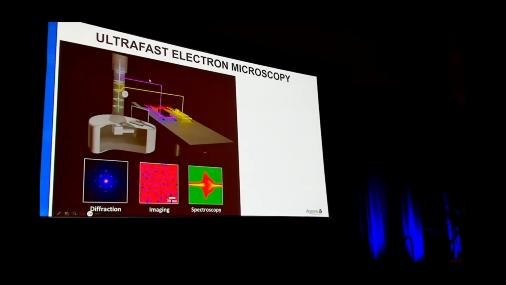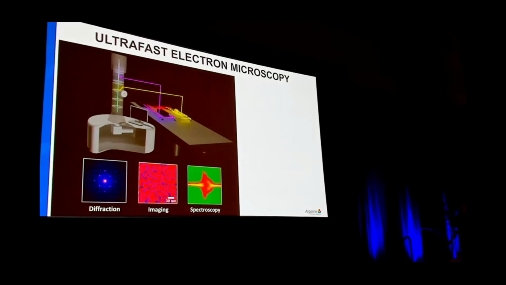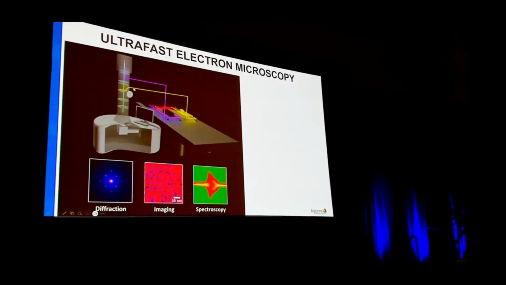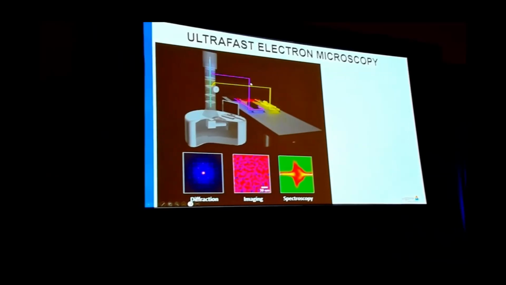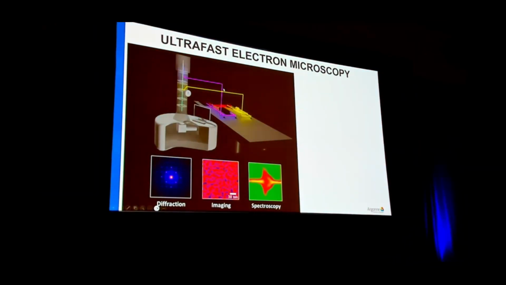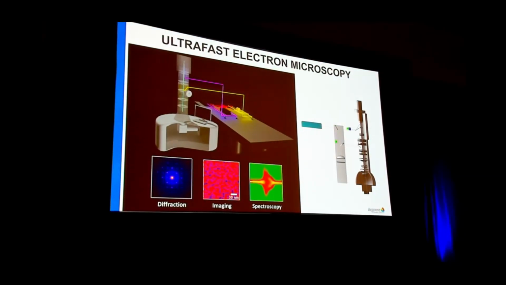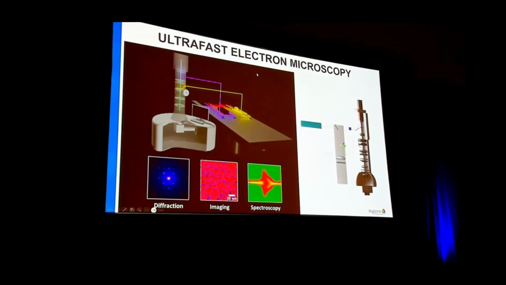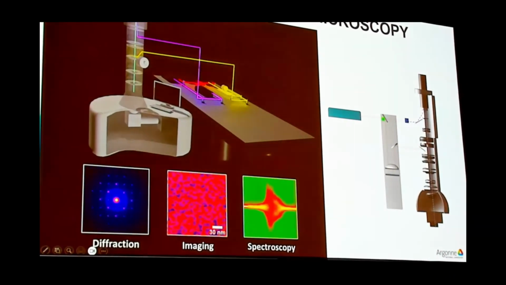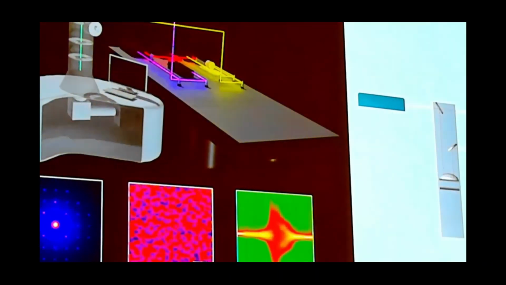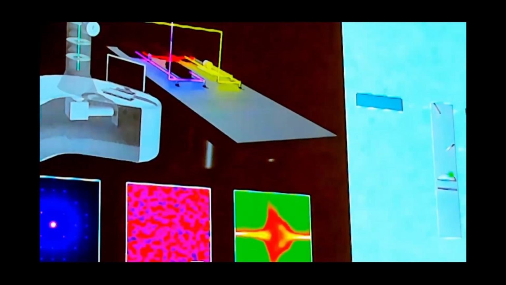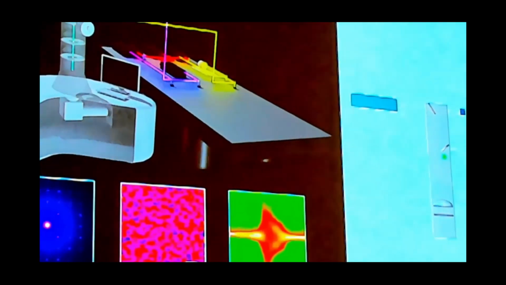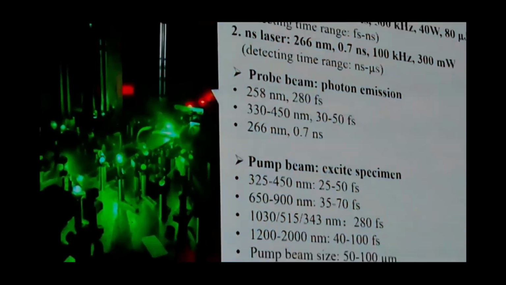If the laser is pulsing at a femtosecond rate, you're going to get femtosecond-rate electrons coming out. The other laser goes to the specimen to excite it in the way that you would like for the experiment. It's timed so that they meet at the specimen at the same time. So the photocathode is excited, the fast electrons come down, and then you image your specimen just as you are exciting it with the laser.